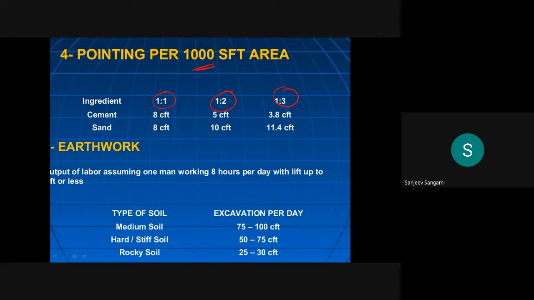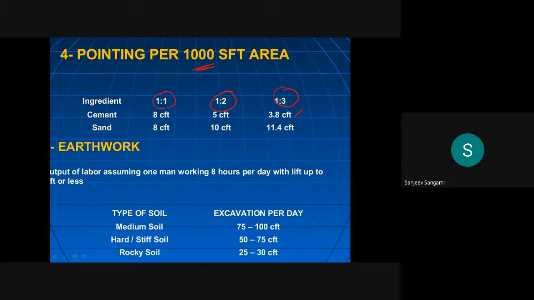If you are going with 1:2, then 5 cubic feet of cement is required, then 10 cubic feet of sand. If you are going for 1:3, then 3.8 cubic feet of cement is required, then sand of 11.4 cubic feet.